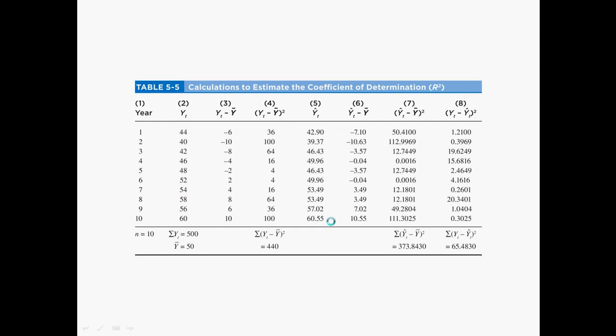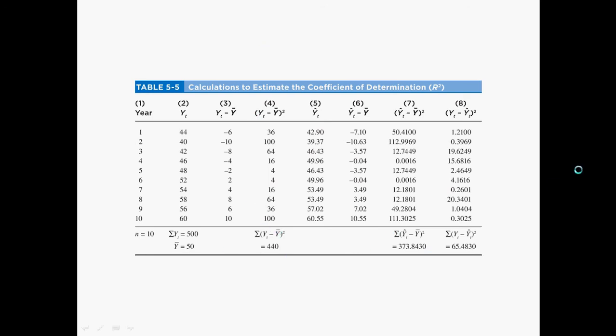So then we calculate Y hat minus Y bar. This is the explained variation. To what extent can we explain the fact that Y is higher than its average value by the fact that advertising is higher than its average value? This is the explained variation, this is the square of explained variation, and then we can sum all of those and we get this.